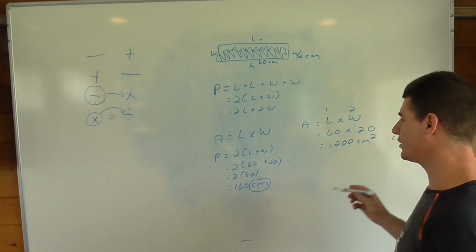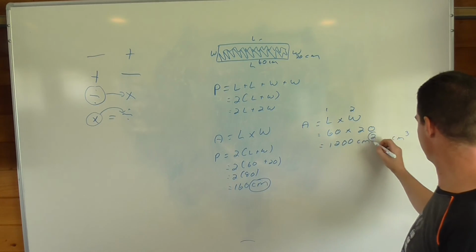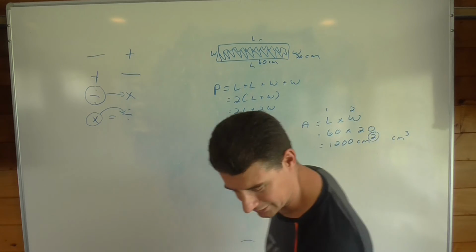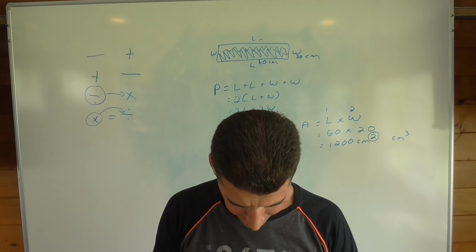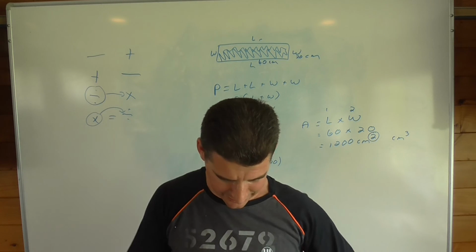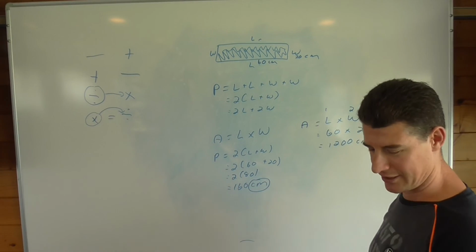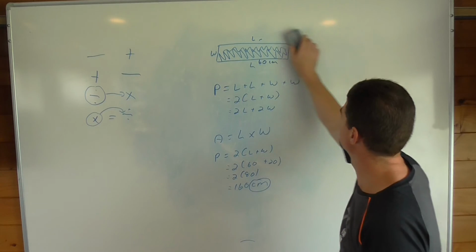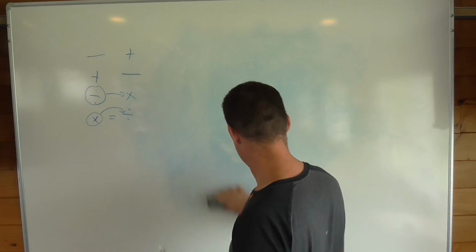But just remember, when you do the area of an object, don't forget that part. Yeah, 1,200 square centimeters. Square centimeters, and then if it's 3, it's cubic centimeters, but that'll be the 3. All right. But once again, I say you need to know these formulas and you need to practice them.